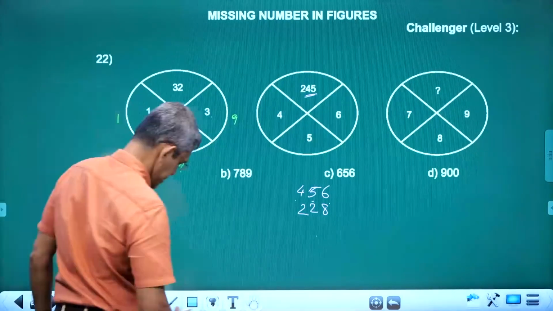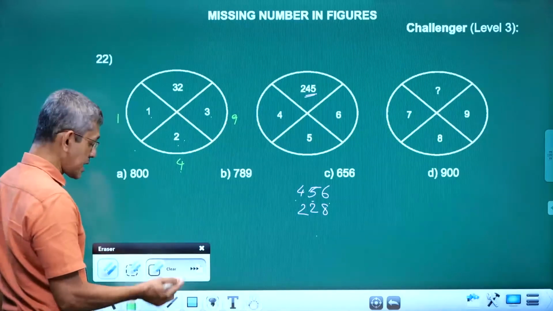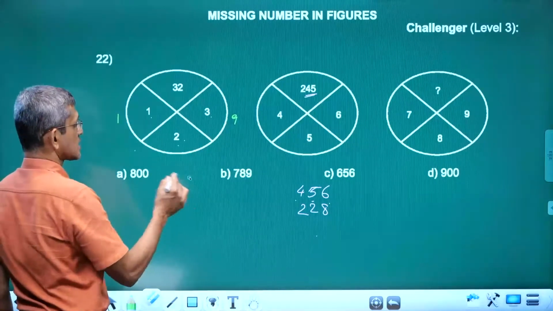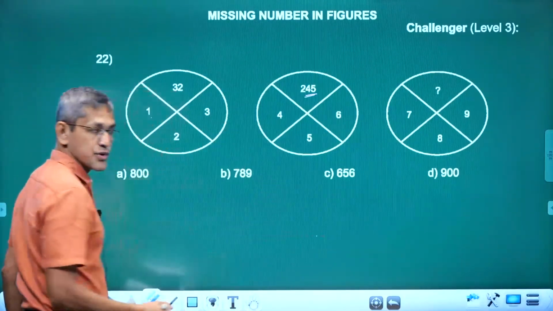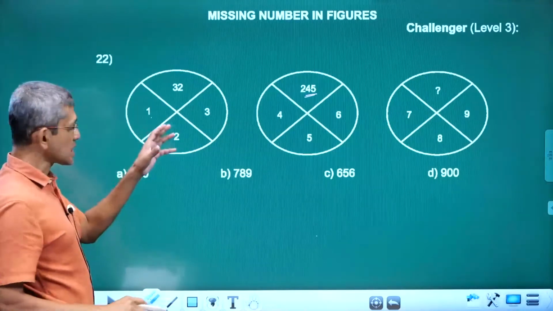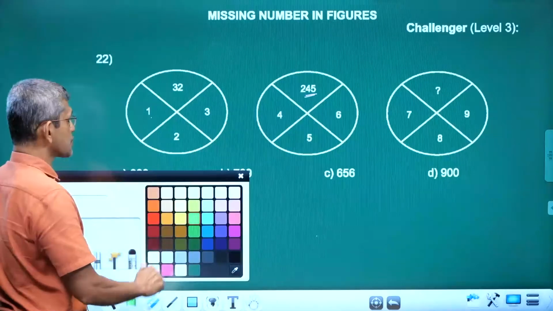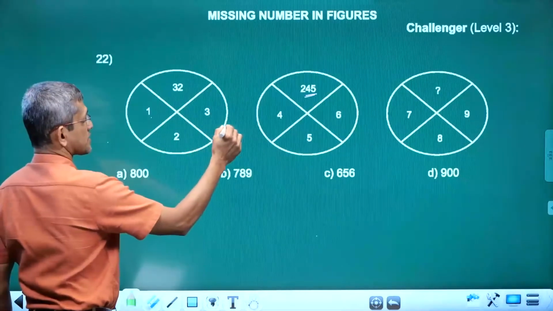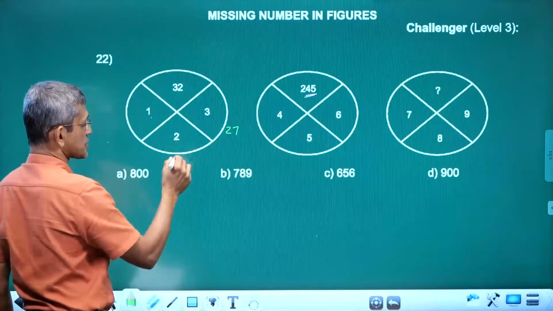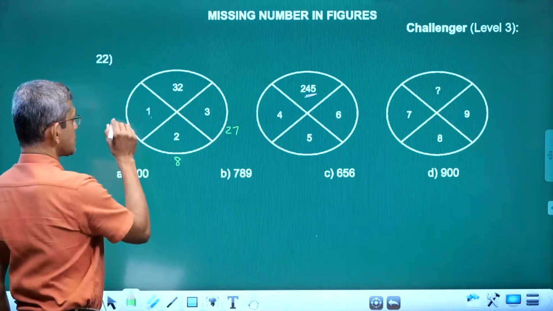Anything else? Do you have anything else in your mind? Yes, I'm pretty sure you have. So if you think about cubes, we tried multiplication, we tried addition, all those kind of things. Now we think about cubes, right? So this is 27. And how about this? 2 cube? 2 cube is 8. 1 cube is 1.